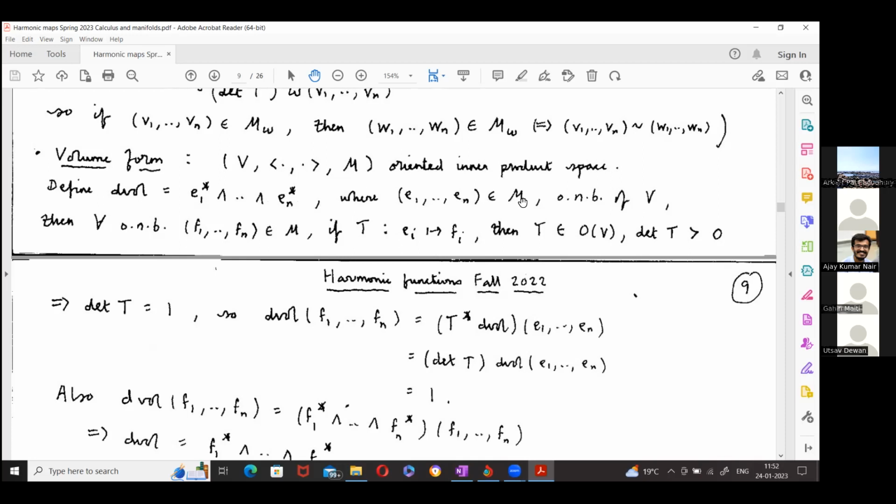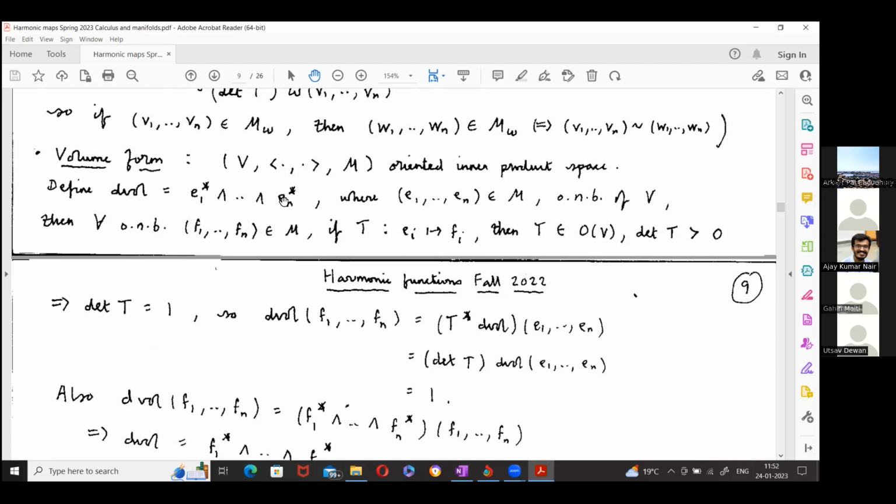It's an orthonormal basis which belongs to the given orientation, right? Remember, an orientation is an equivalence class of ordered bases. So it's a set of ordered bases, right? So we're taking any orthonormal basis which belongs to this orientation. Okay. Then the claim is that this E1 star wedge ... wedge En star is independent of the choice of positively oriented orthonormal basis.